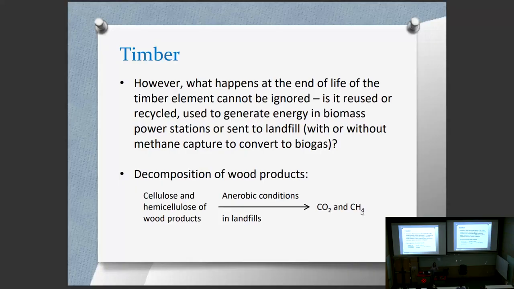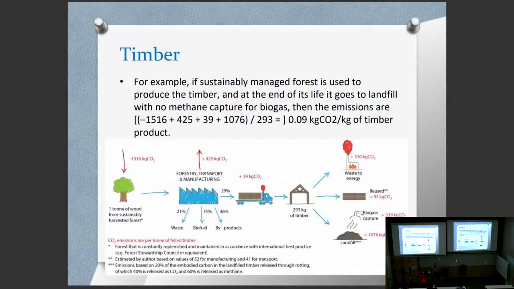So how you treat the waste will affect the embodied carbon. For example, if a sustainably managed forest is used to produce the timber and at the end of its life it goes to a landfill with no methane capture for biogas, then the emissions will be like this. Let's take a look at this figure.